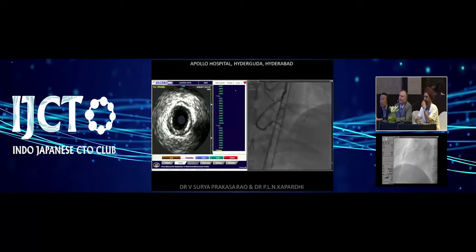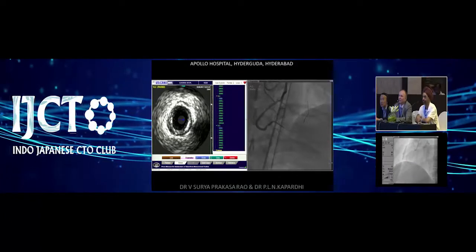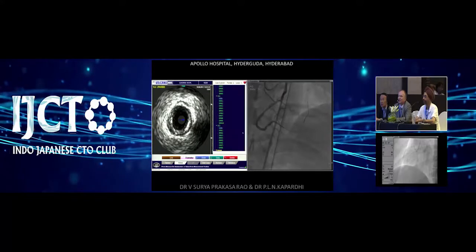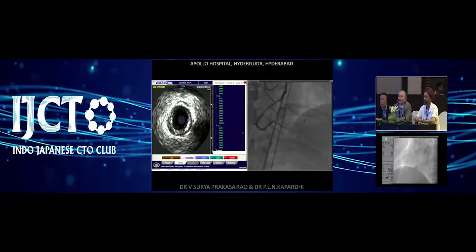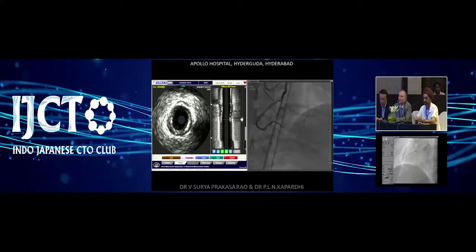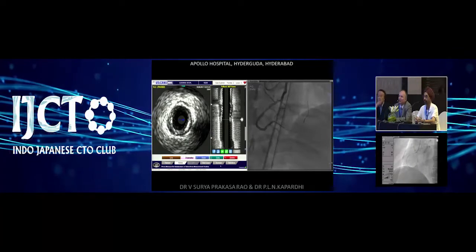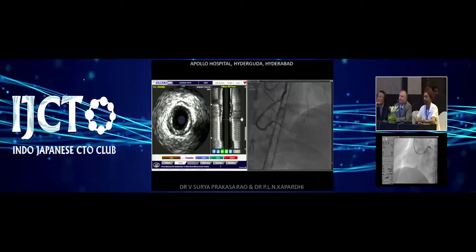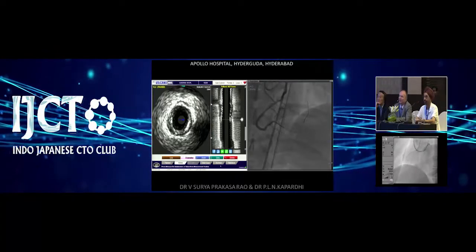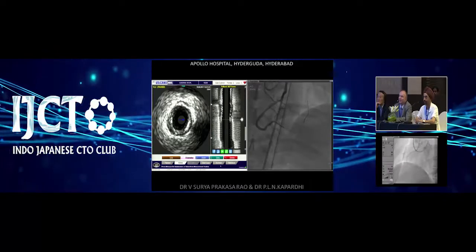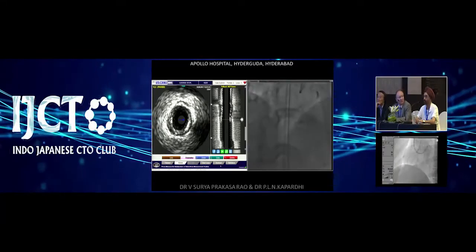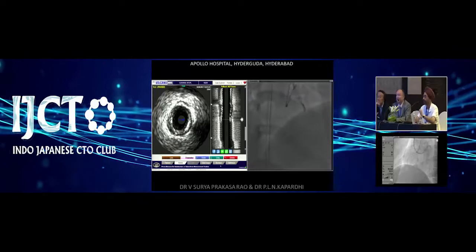So we want to switch labs, I think. So maybe you can tell us what is your plan now? Post-dilatation and leave the proximal lesion? I think I want to leave the proximal region. Okay. We'll come back probably for the final image and switch to the other lab. Yeah, right. Okay.